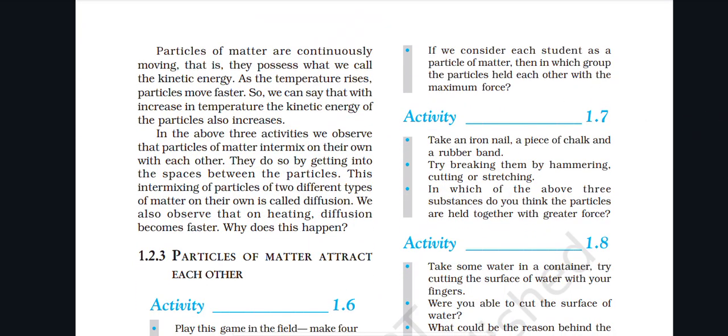Particles of matter are continuously moving, that is, they possess what we call kinetic energy. The kinetic energy means as the temperature rises, particles move faster. So we can say that with increase in temperature, the kinetic energy of particles also increases. This is the definition of kinetic energy.